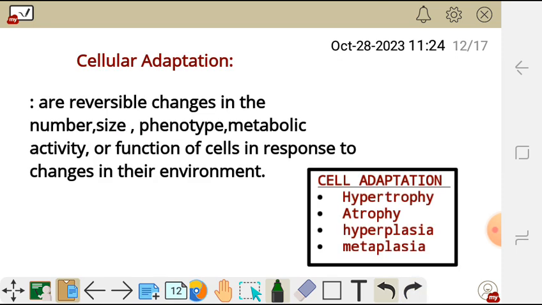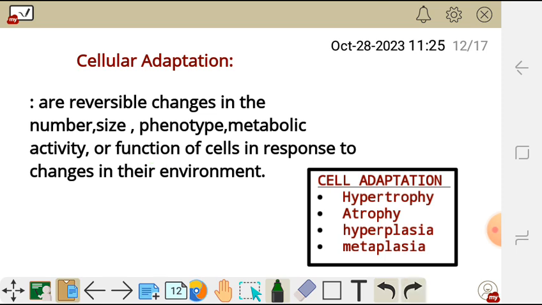So what is cell adaptation? Cell adaptation refers to reversible changes in the number, size, phenotype, metabolic activity, or function of cells in response to changes in their environment. A cell will try to adapt in several ways, either by a change in the number, the size, the phenotype, the metabolic activities, or even the function.